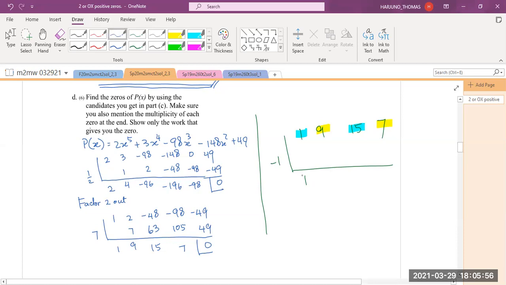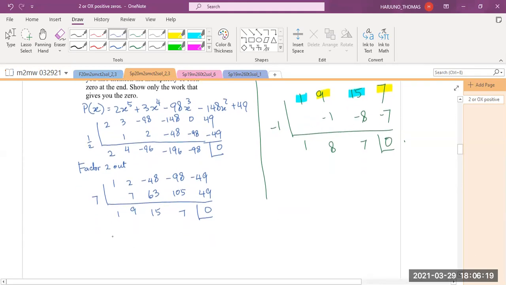Okay, you will try. Let's see. Here, you get -1. This is 8, -8. This is 7. It's -7, 0. Right? If the sum of the coefficients of alternating terms are equal, then -1 is a zero.